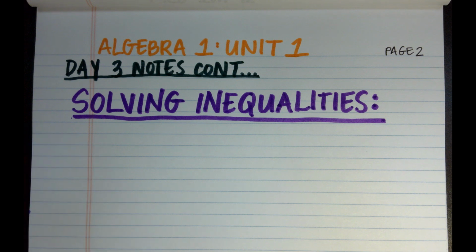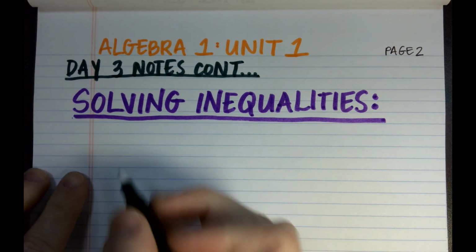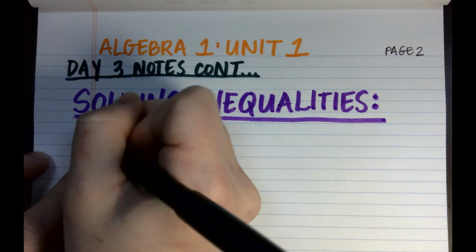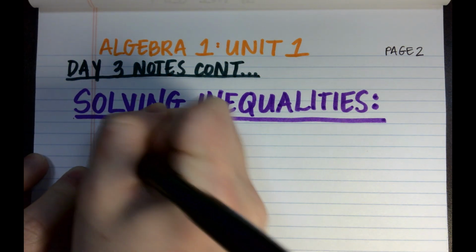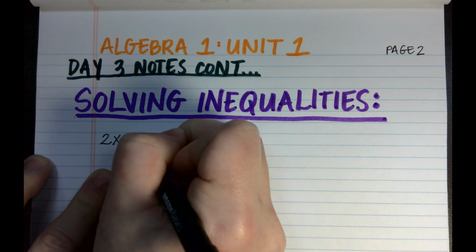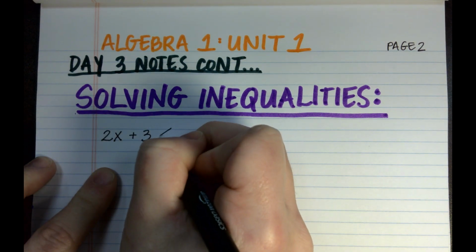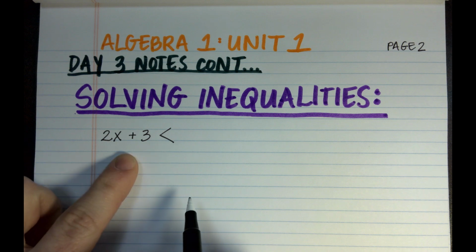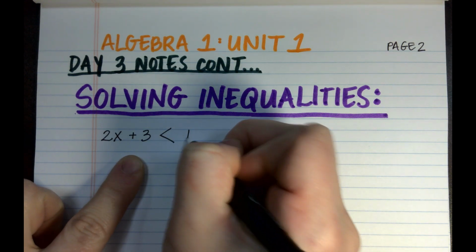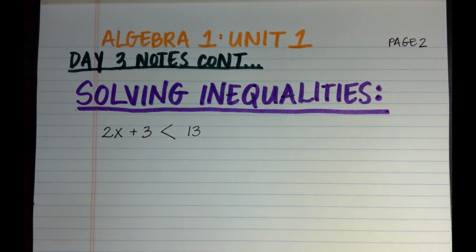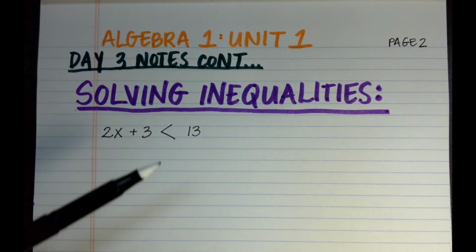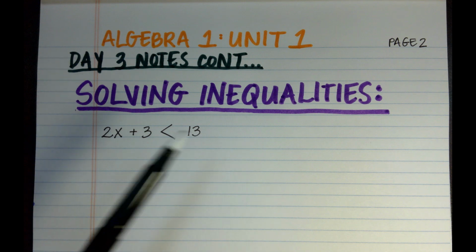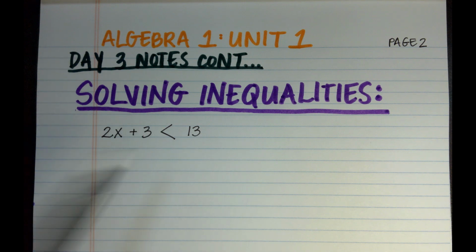The only difference between an equation and an inequality is the symbol that we use. They're exactly the same. We're doing the exact same steps. So let's say I were to give you 2x plus 3 is less than 13. Only difference is now we don't have an equal sign. We have a less than symbol.